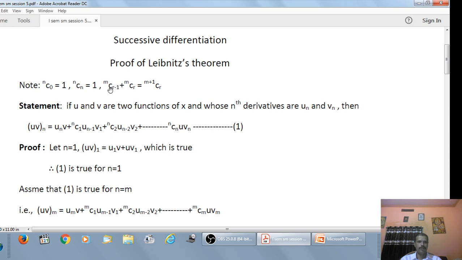If the addition of two combinations are like this, that means the superscript is same and the subscripts are the successive terms, r minus 1 and the next term is r, then the addition of such combination is, superscript becomes m plus 1 and the subscript becomes the highest term r.